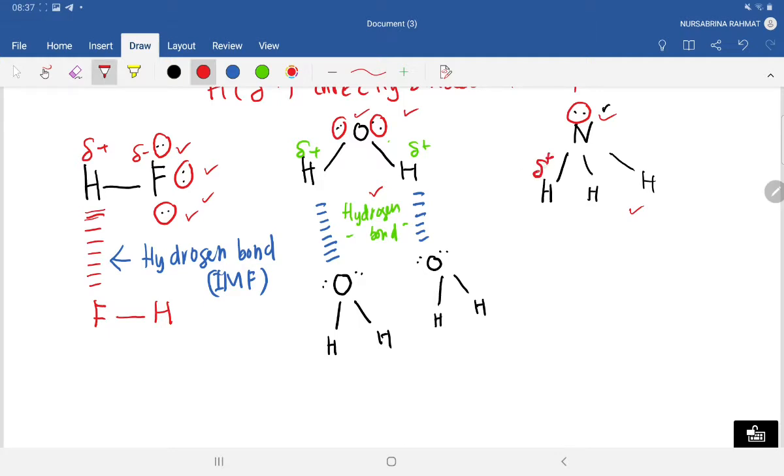There are three hydrogen atoms, you can choose either one. Since there is only one lone pair, only one hydrogen will be extremely partially positive. That means only one hydrogen will have the ability to form a hydrogen bond with another ammonia molecule. Let me show you the formation of hydrogen bonds in ammonia.